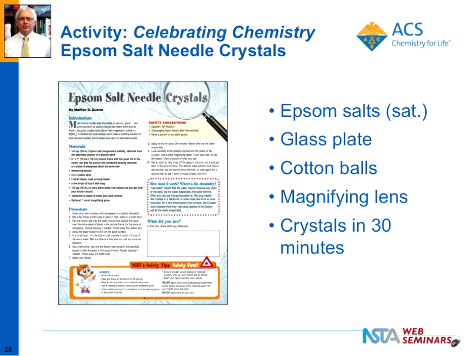In this particular exercise, it's really very straightforward. You make a saturated solution of Epsom salts, which is magnesium sulfate, and then coat that on a glass surface, something like a microscope slide, using a cotton ball. And then it's allowed to sit for just a few minutes, and students are given a magnifying lens.